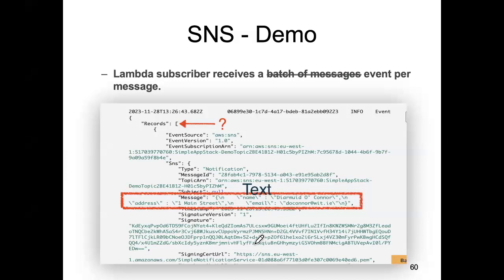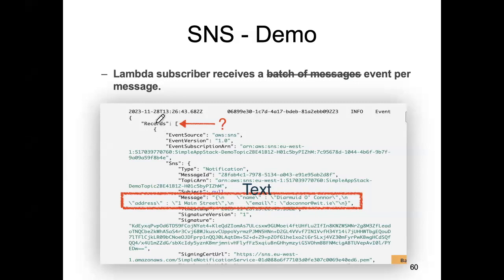Now, there is one gotcha. The screenshot here is showing you the output of the console log of the event. And it seems to indicate, and this looks quite similar to the structure of the event that you get when a Lambda has been triggered by a batch of SQS messages.